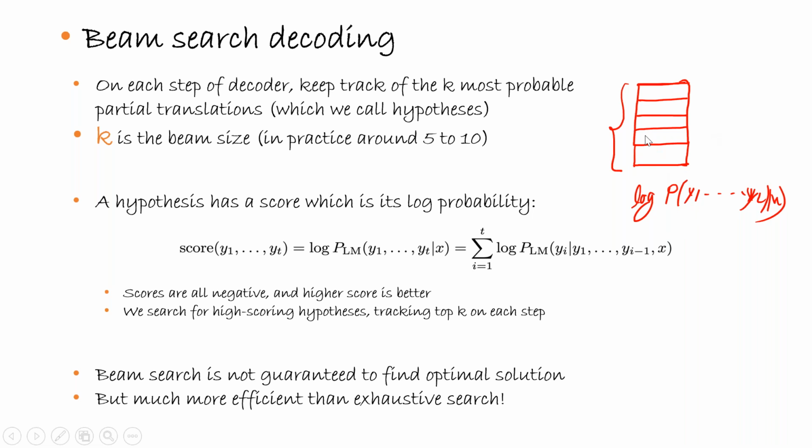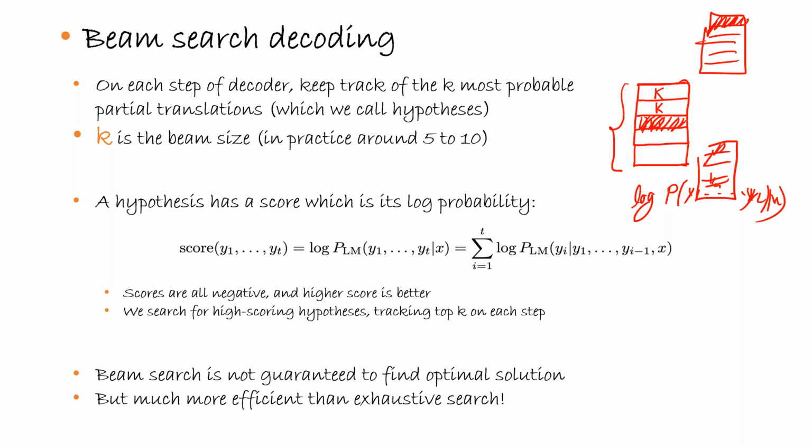We search for high scoring hypotheses and track the top k on each step. So let's say I get values for the k, and my top k is this. Again, I have something in the next layer, and my top k is this. Again here, and my top k is this.